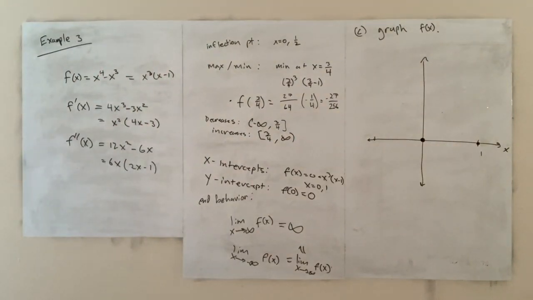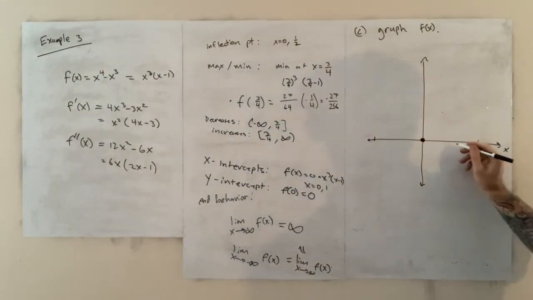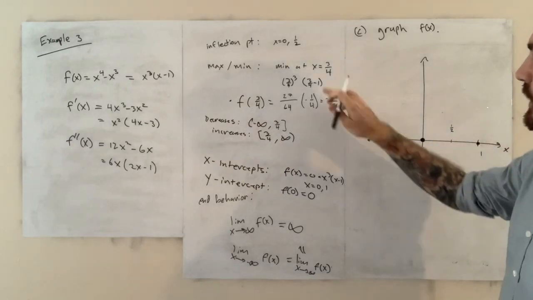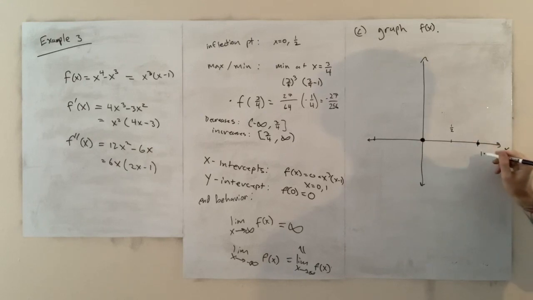Okay, so what do we have here? We want to kind of plot these parameters. So we know that, maybe here's 1/2. That's going to be kind of an important x value. And then in between 1/2 and 1, you're going to have 3/4.